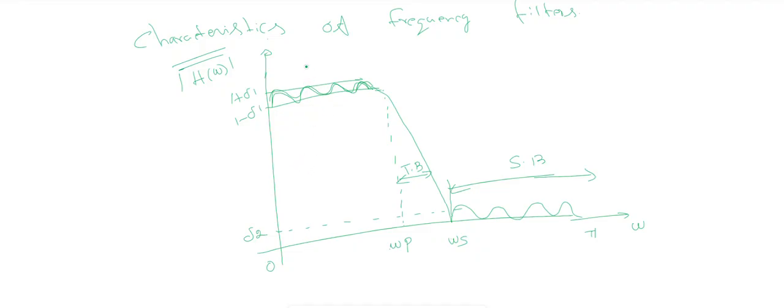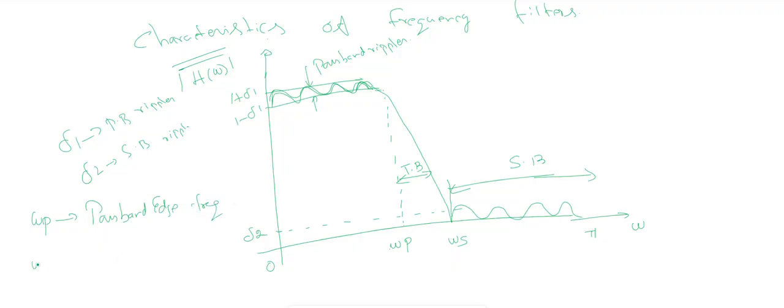Del 1 is the pass band ripple, del 2 is the stop band ripple, omega p is the pass band edge frequency and omega s is the stop band edge frequency.